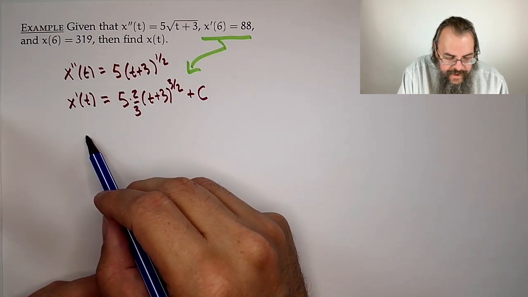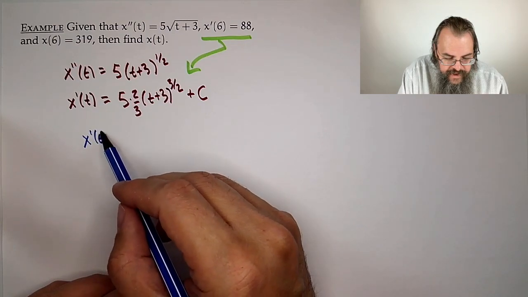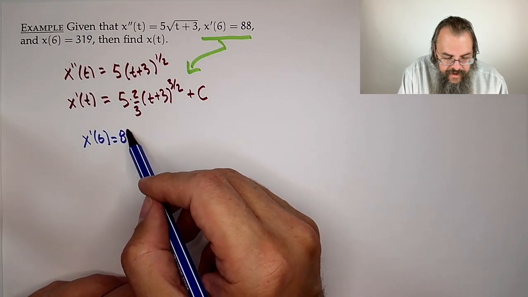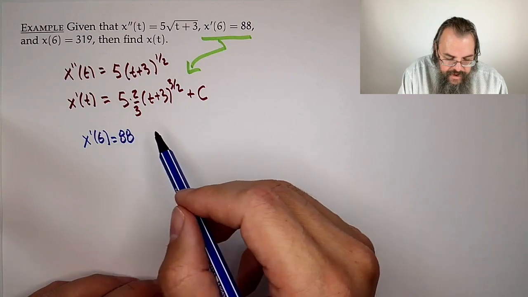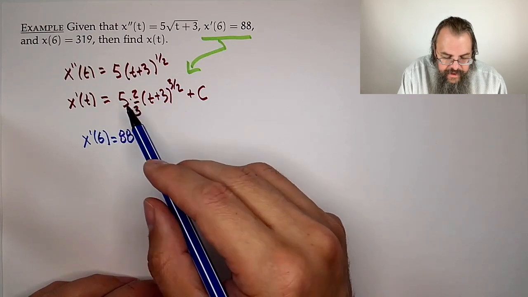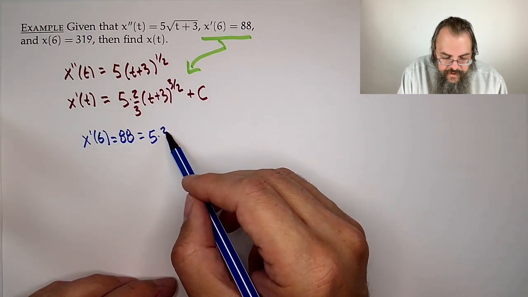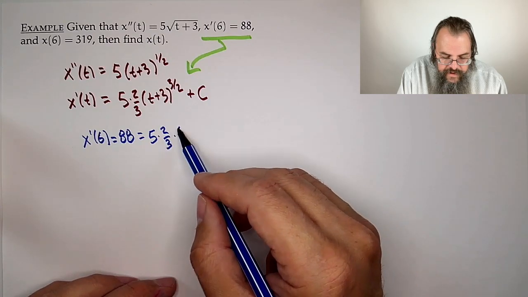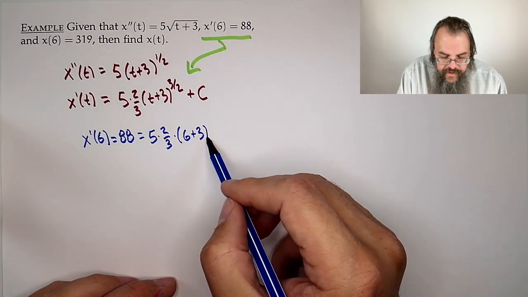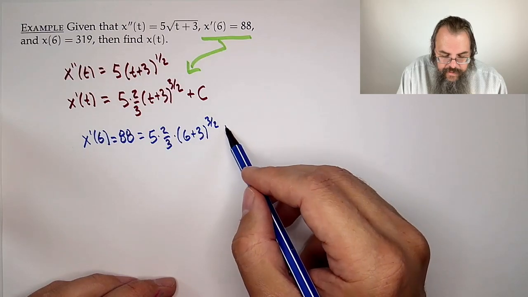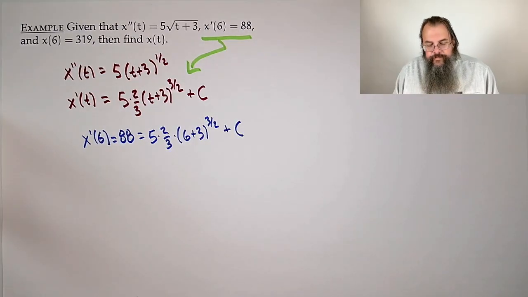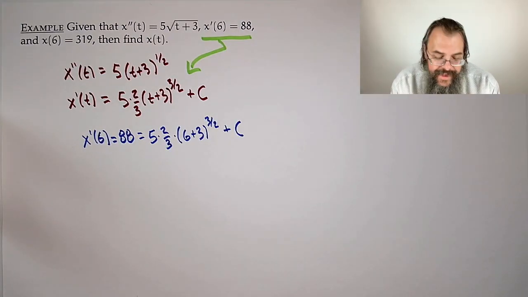Well, we'll see lots of examples as we go on. So we know that x prime of 6, well, that's 88. That's a big number. Okay, well, what is that? Well, that's 5 times 2/3 times 6 plus 3 to the power of 3/2 plus our constant c. All right, so let's dig into this.